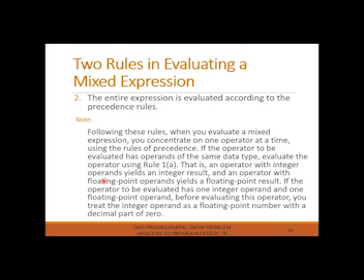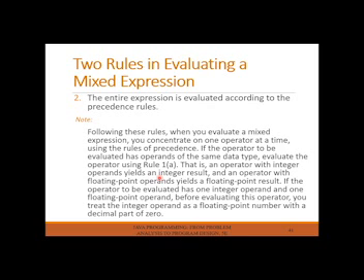Second rule, the entire expression is evaluated according to the precedence rules. Note, however, following these rules, when you evaluate a mixed expression, you concentrate on one operator at a time. Using the rules of precedence, if the operator to be evaluated has operands of the same data type, evaluate the operator using Rule 1A.